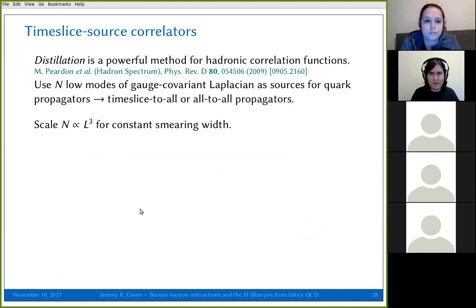So we use this method called distillation that was developed in part by Mike Bearden here at Trinity, and involves using as your sources, I'm not expecting anybody. I'll try to be as quick as I can.